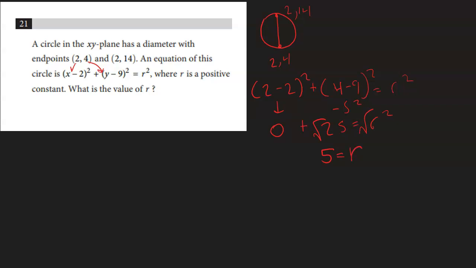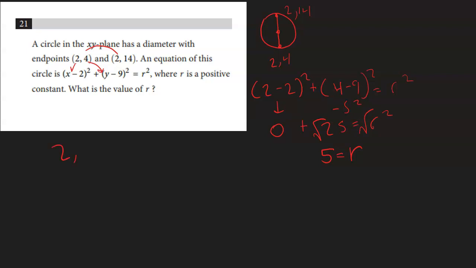But if you're a brainiac and you saw this, a much quicker way to do it would be to draw it out and realize that the difference between these two numbers is the diameter. So you're looking for the radius. Well, that would be half the distance between these two points. And you would show it through the y's.